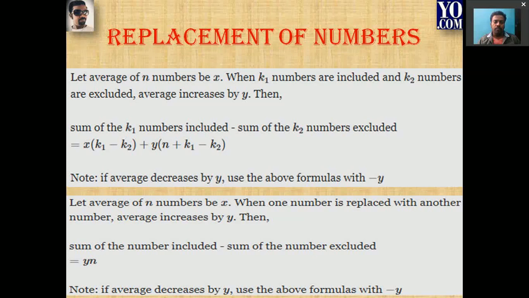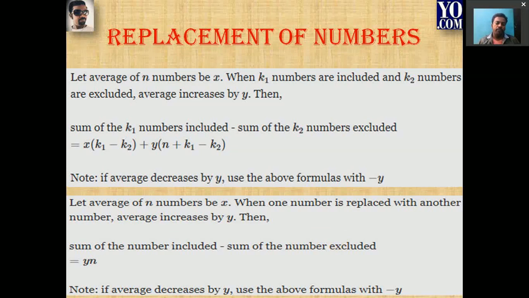Then the sum of k1 numbers included minus the sum of k2 numbers excluded is equal to x into k1 minus k2 plus y into n plus k1 minus k2. Here also the same scenario is used. If the number is decreased, you have to put minus y.